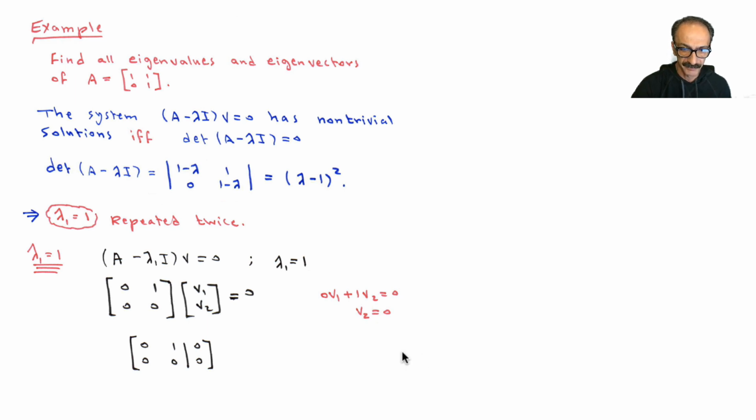That is clear, v2 is 0, we all agree. What about v1? Well, imagine if you put 5 here. If you put 5 here, that's still going to be true. 0 times 5 is 0. It's going to be gone. 0 times 7 is also true. It'll make this whole thing true. So one more time, you have to be careful here. We have 0v1 equals 0. So v1 could be anything. Be careful.